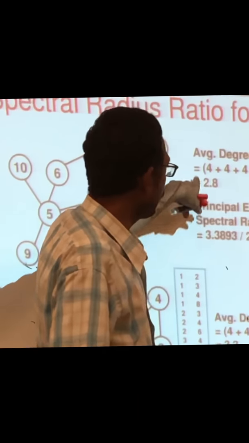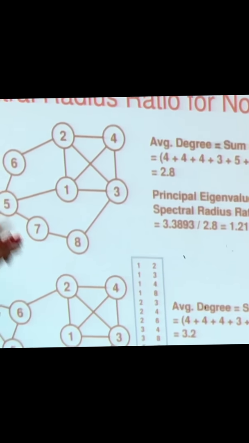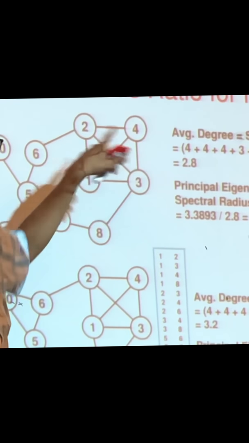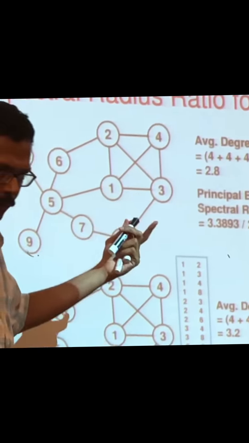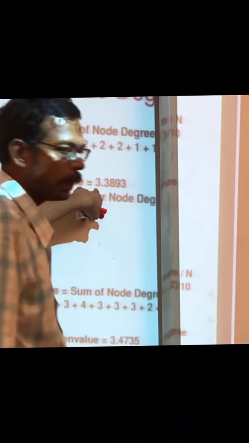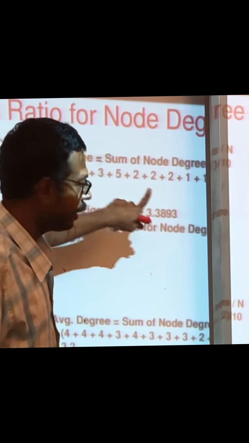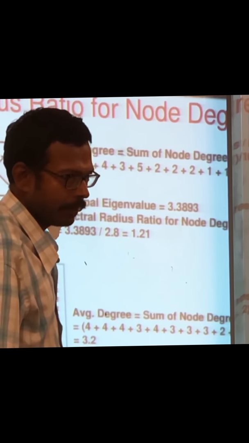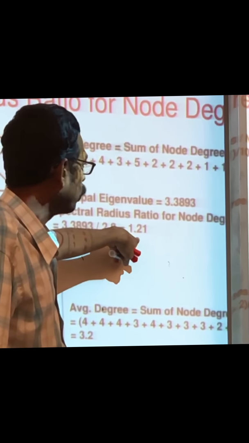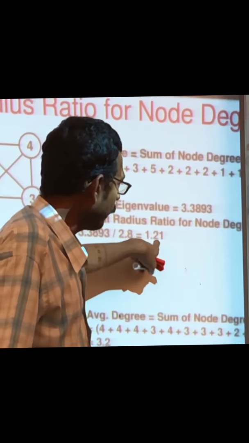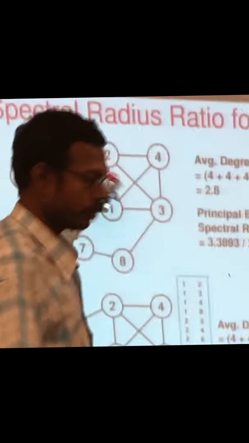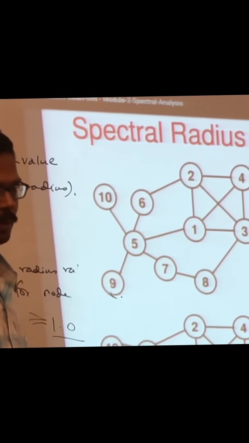You also know how to find the average degree: find the degree of the vertices, sum it up, and divide by the number of vertices. Then the ratio is 3.3893 divided by the average degree 2.8, which is 1.21. So it's greater than 1, which means it has some variation in the degree, of course, because all vertices don't have the same degree.